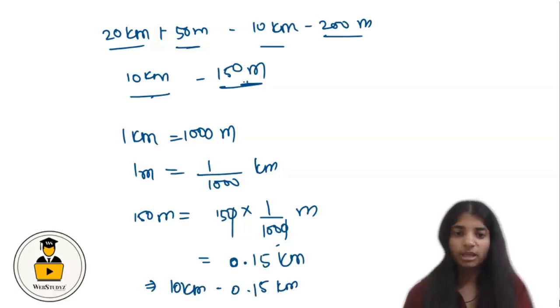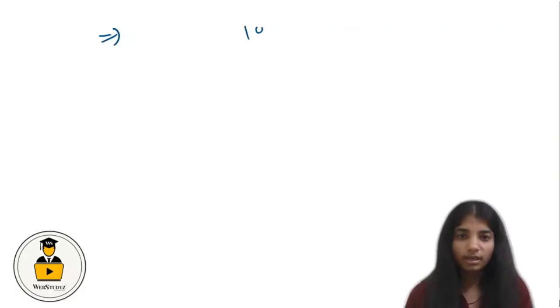So we are going to subtract 0.15 from 10. This becomes 10 minus 0.15. We can add a decimal and 0 after 10 because they are not significant. We have to subtract 5 from 0. This is not possible, so we take from the previous term, as both these terms are 0.